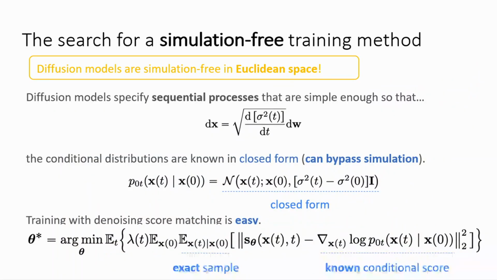Similarly for diffusion, if you look at a Euclidean space, which is the naive form of diffusion that travels in the Euclidean space, everything, this Fokker-Planck equation, is defined in the Euclidean space, and then you have known exact forms of certain key values like the conditional scores.